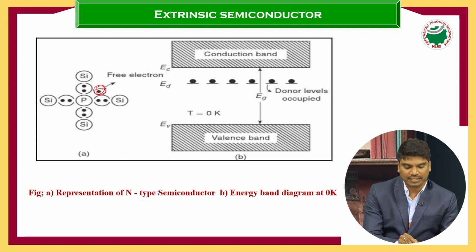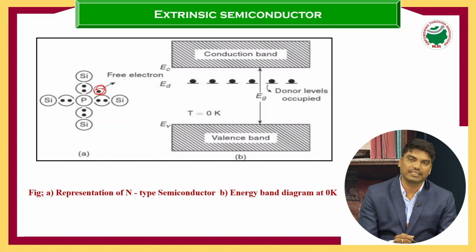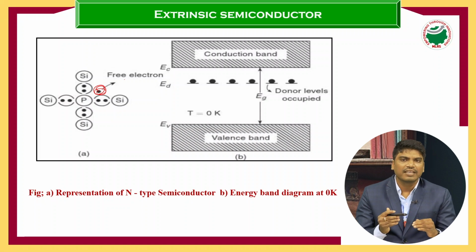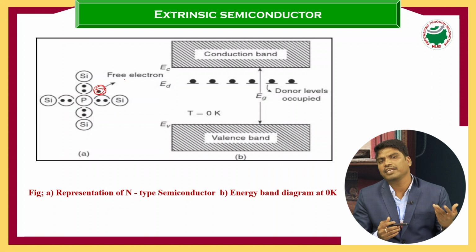The excess electrons are all accommodated in a special energy level, that is the donor energy level. Donor means excess: I have something more than the requirement, so I am ready to donate.